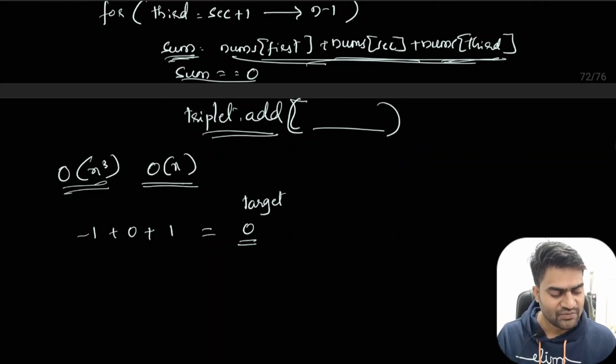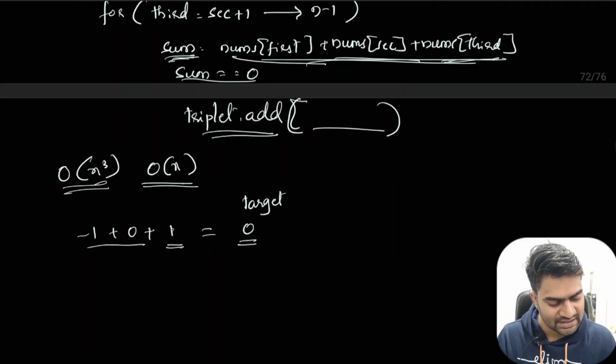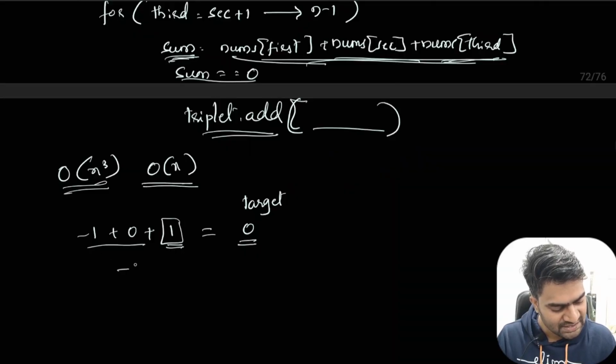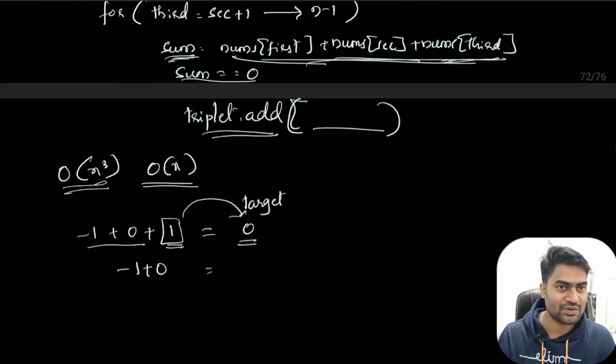Now, if I know one value, then for the other two values, if I know this one, then for -1 plus 0, if I send this 1 towards the right, it will be 0 minus 1, correct, right? So it is nothing but -1.